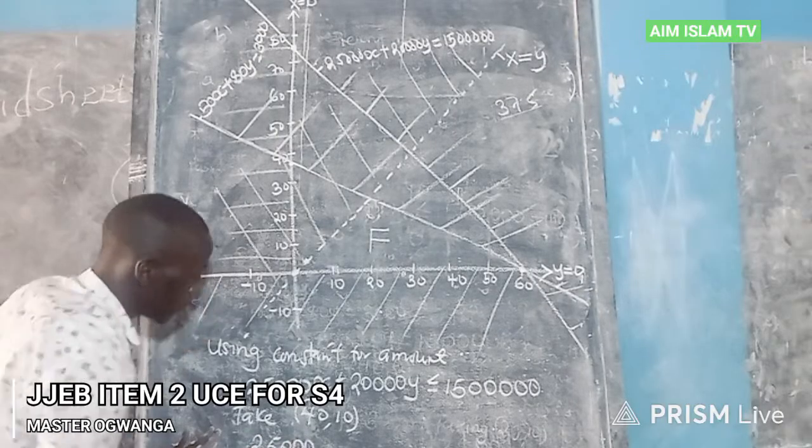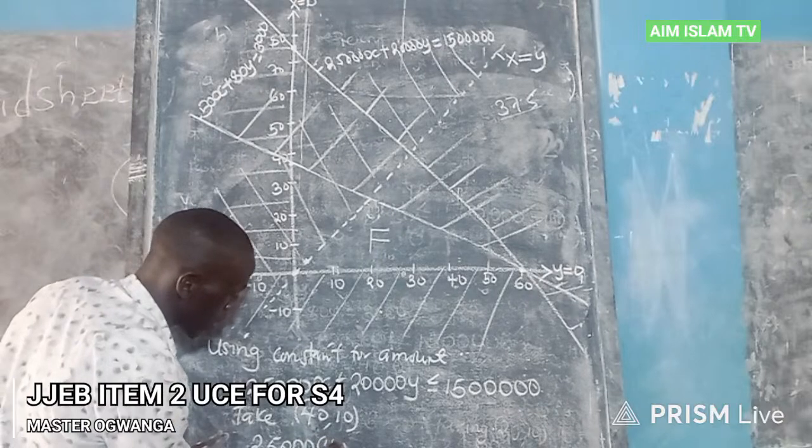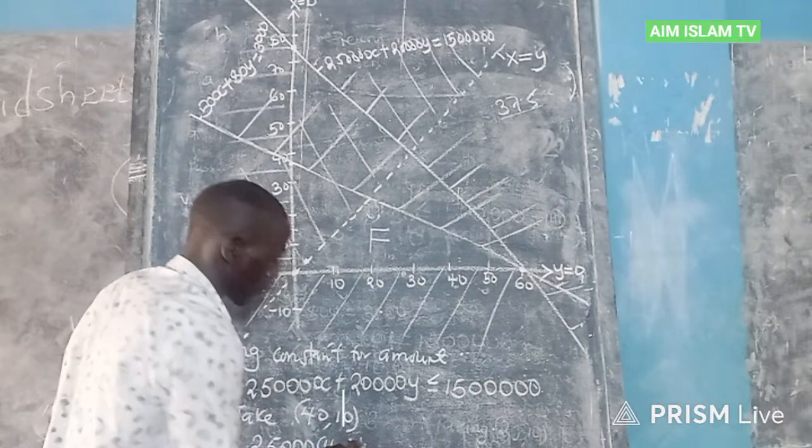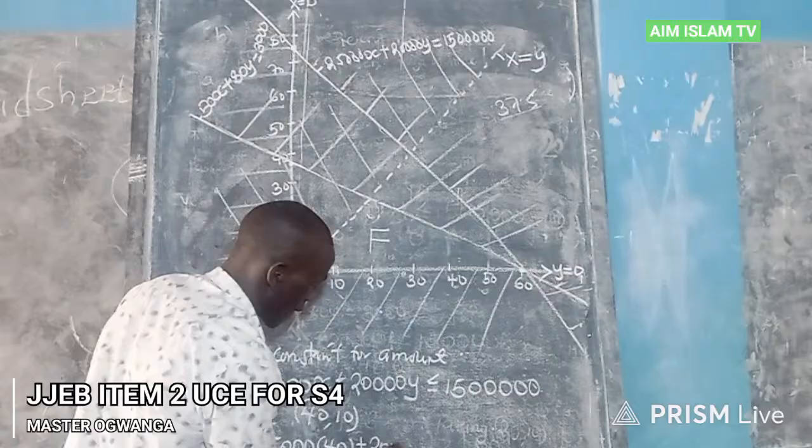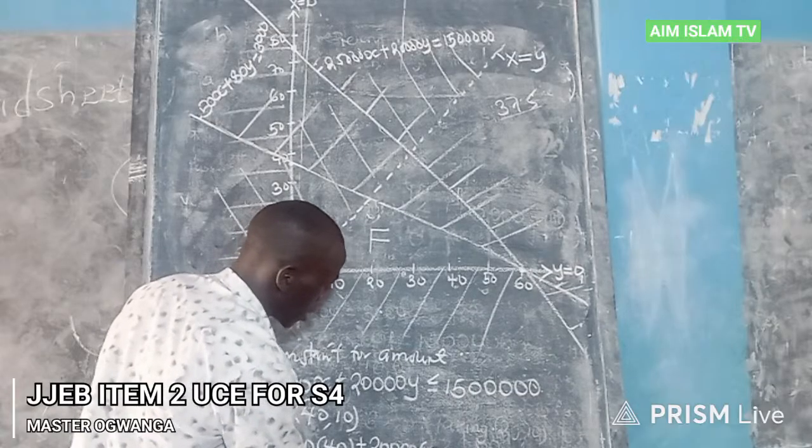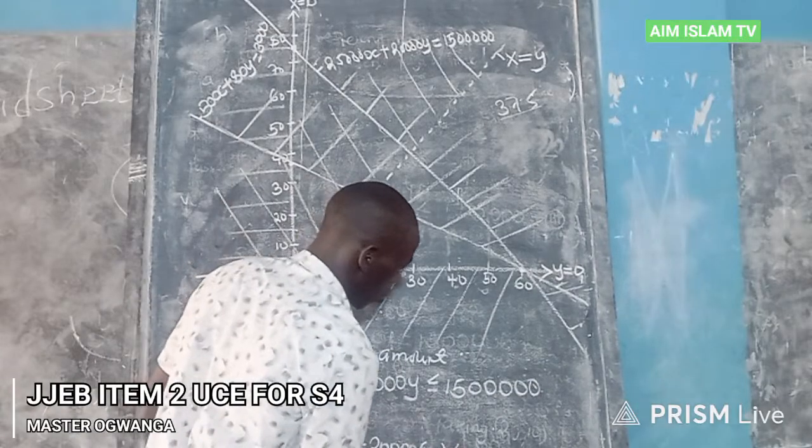I have 25,000 times x which is 40, plus 20,000 of y which is 10.